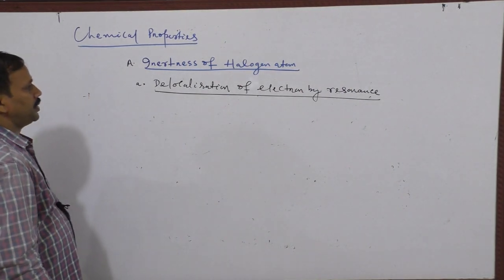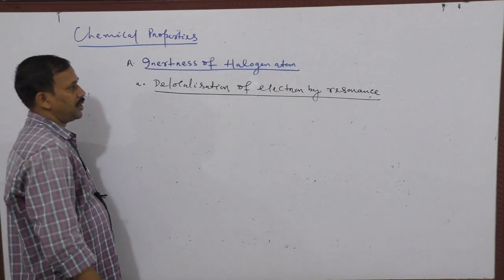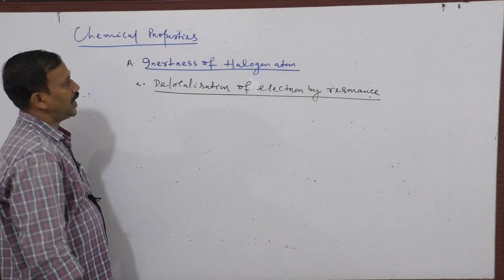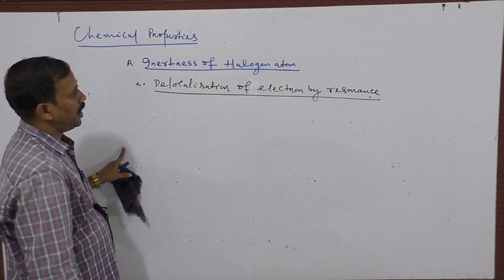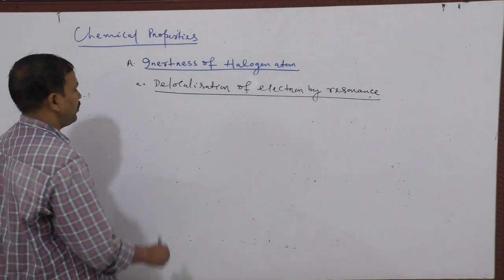First, let us see how the resonance phenomenon shows that the halogen atom present in haloarene is less reactive.